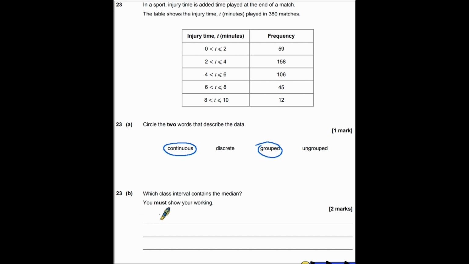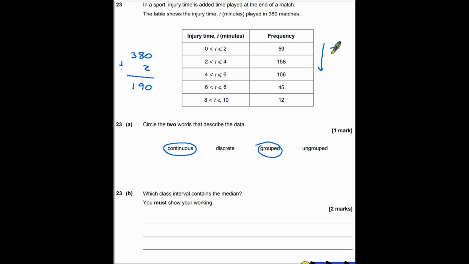Question 23b, which class interval contains the median? You must show your working. Well, to show your working, I think there are 380 matches. The median would be the halfway point. So if we divide that by 2, we get 190. So we are looking for the 190th entry here.